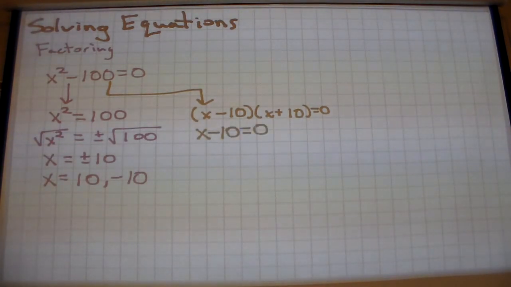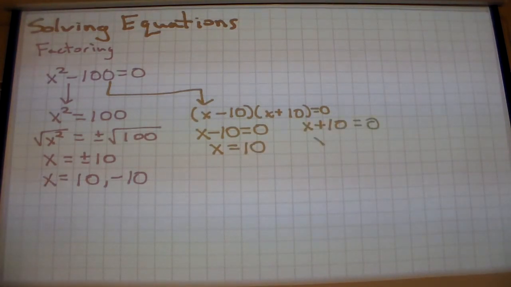So x minus 10 equals 0 gives us x equals 10. And x plus 10 equals 0 gives us x equals negative 10. We get the same result. So you'll see basic ones like that. Yeah, we use difference of two squares, but it's more the basic factoring that we have. Okay, put that one aside.